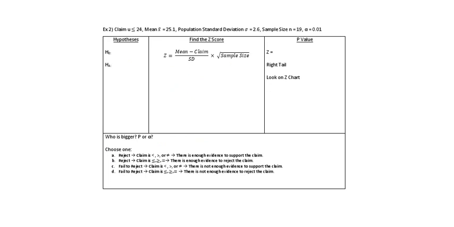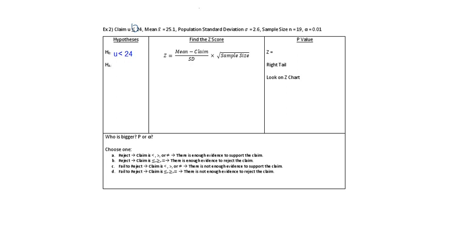For example 2, our claim is mu is less than or equal to 24. Right away, I can tell you that that is going to be the null hypothesis. I'm going to type that in: mu is less than or equal to 24.